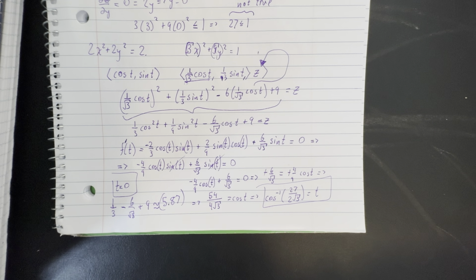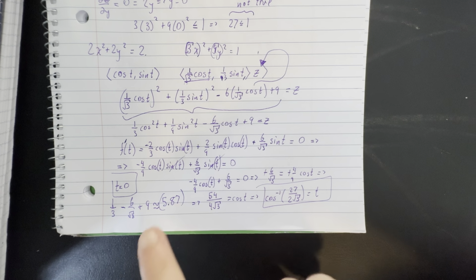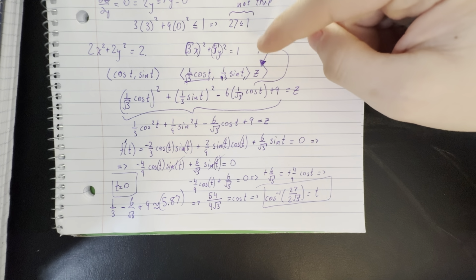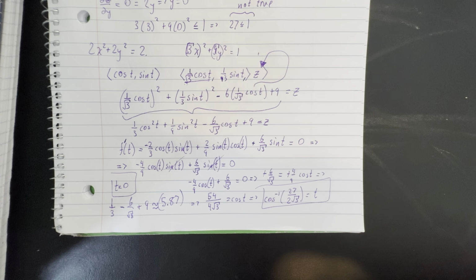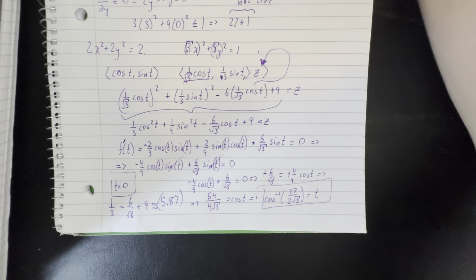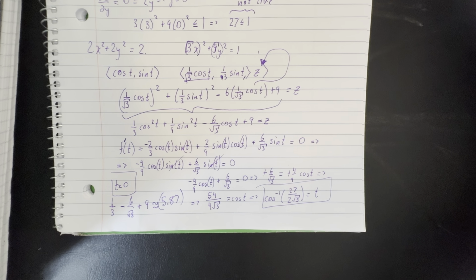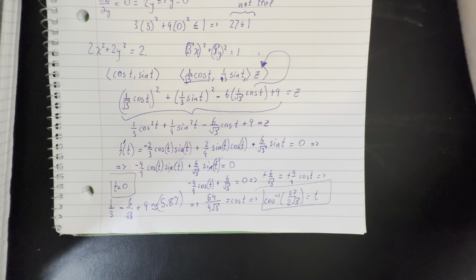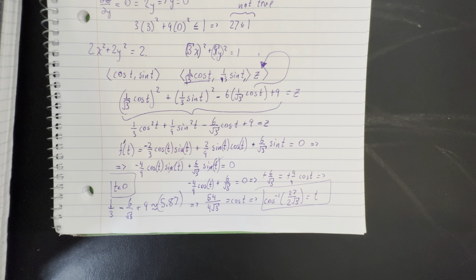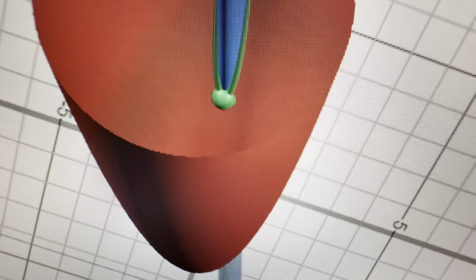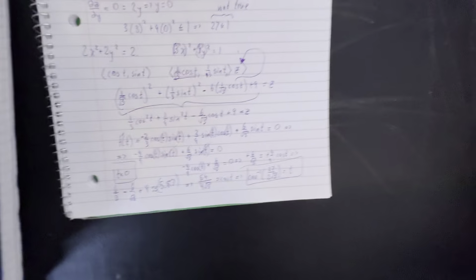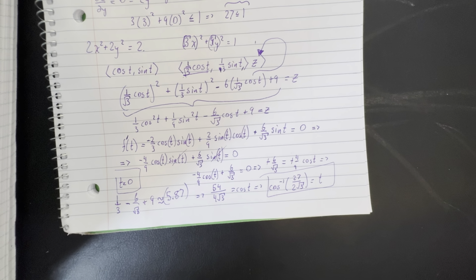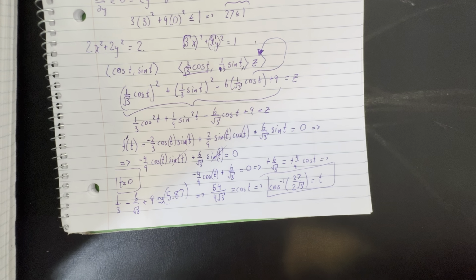But anyhow, let's check. At t equals 0, what point are you going to have? This was our parametrization. You're going to have 1 over root 3, comma 0, comma about 5.87. Yeah, and that's our minimum point right there. Now our max point, we likely made some kind of error.